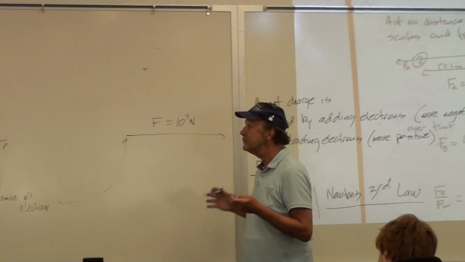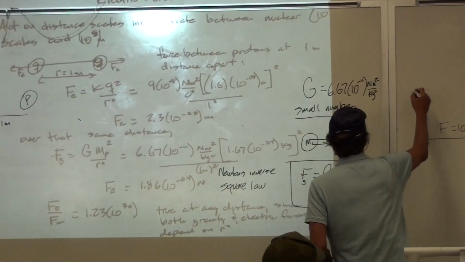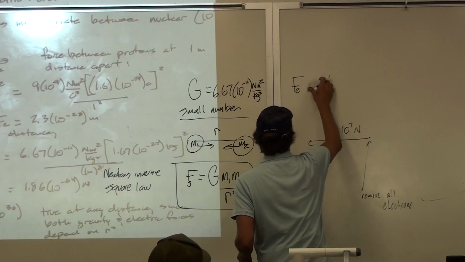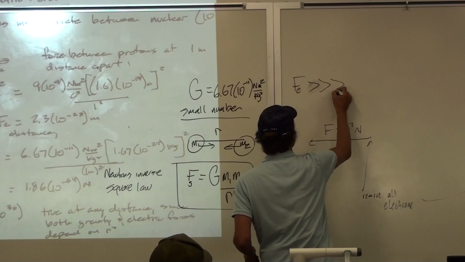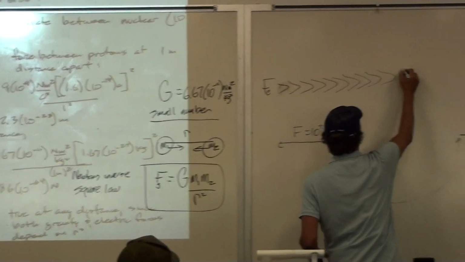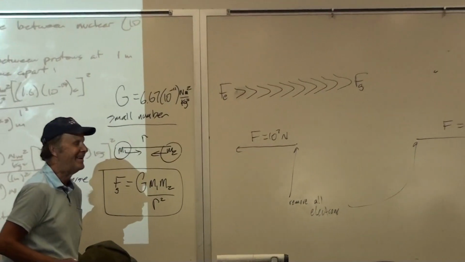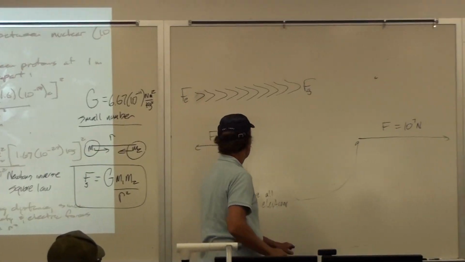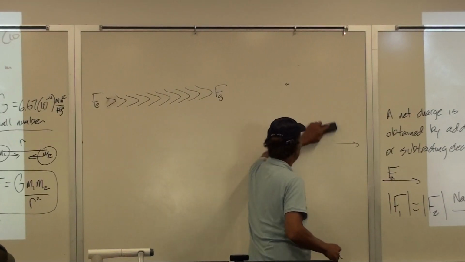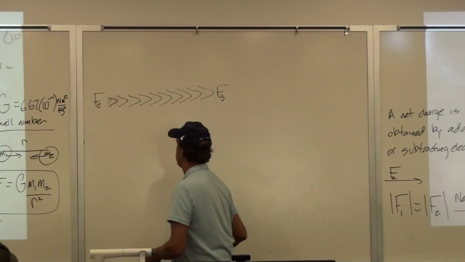Okay? And so this is what gives us an idea as to how much stronger the electric force is than the gravitational force. So Fe is much greater than the gravitational force. So it wins. And what this implies is that electric forces dominate at molecular distances.